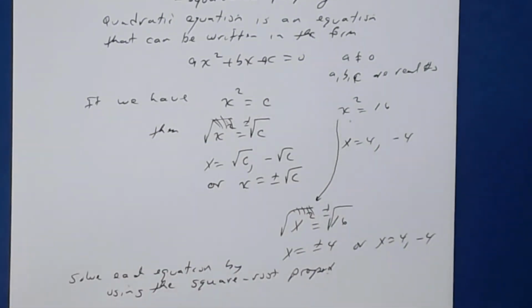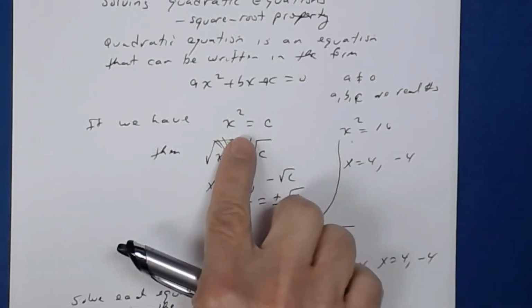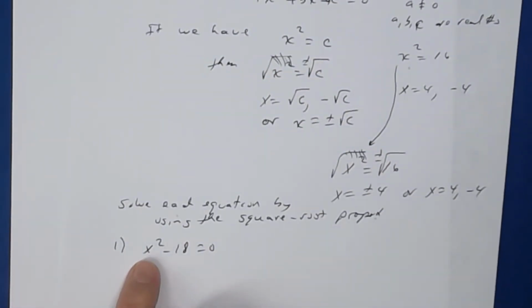That's what you have here. You don't have an x term, you have your square term and your constant. So in that case, you want to rewrite it to get x squared by itself. I'm going to add 18 to both sides, and when I do that, I get x squared equals 18.